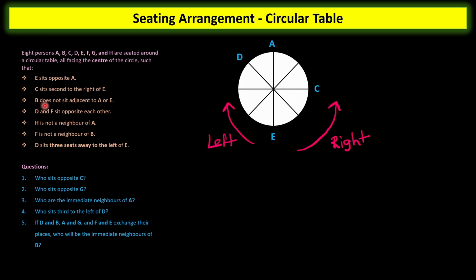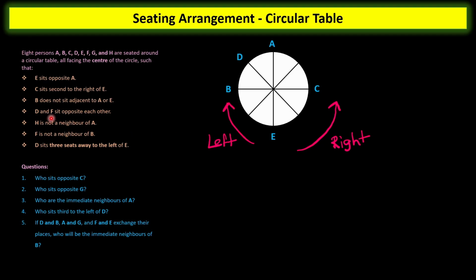The third clue says that B does not sit adjacent to A or E. The adjacent of A is this position and this position, and the adjacent of E is this and this positions. So as per the third clue, B cannot occupy these 4 positions. After these positions, the only position left which can be occupied is this one. So B is definitely sitting here. So write the B here.